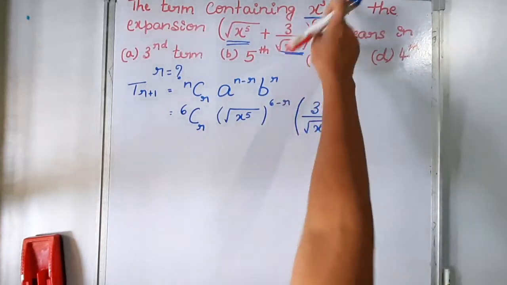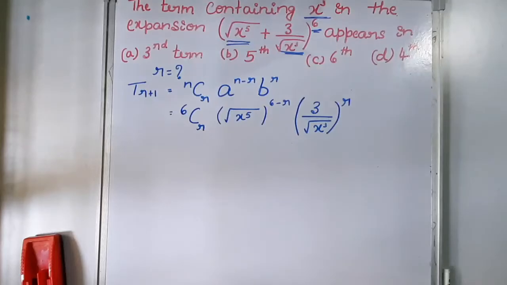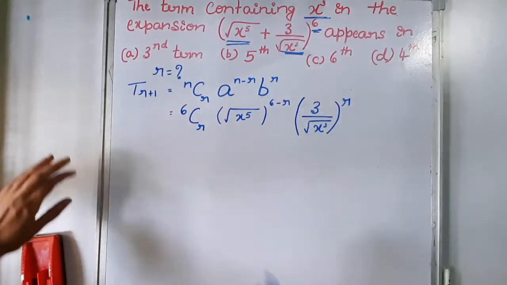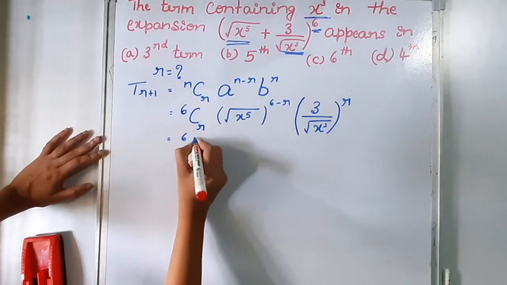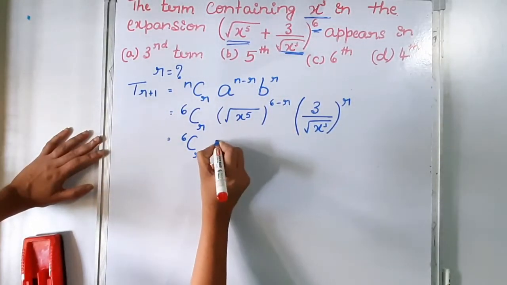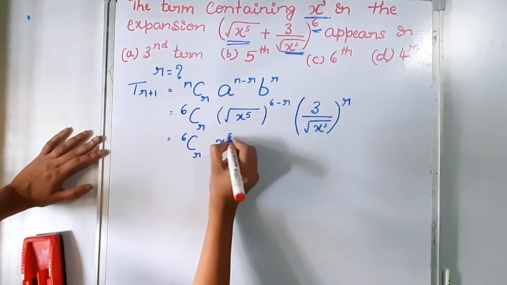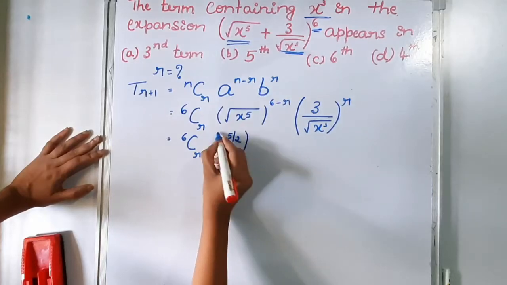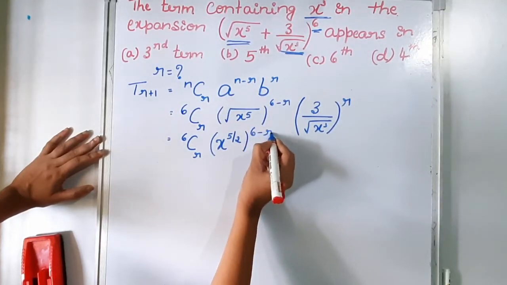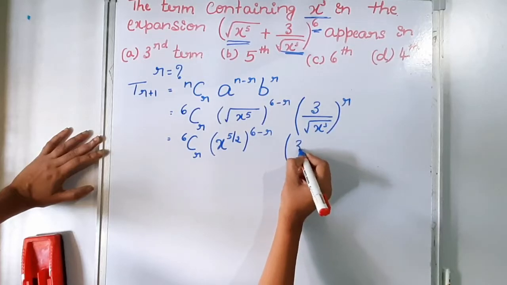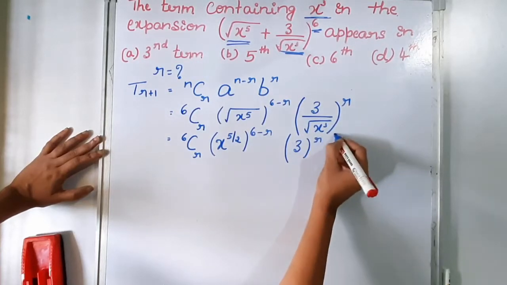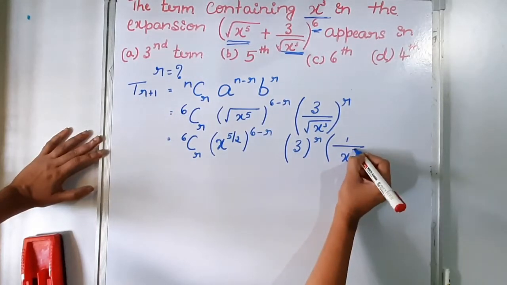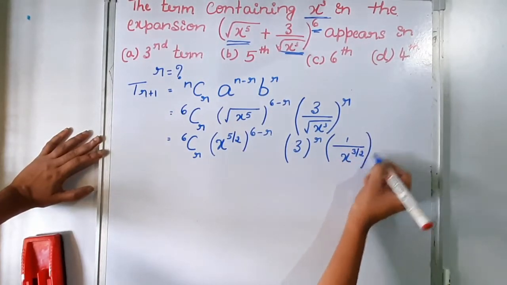Now we have to find the term x cube. For that we need to simplify this. See here, √x^5 is there and here √x^3 is there. So this is equal to 6Cr, and I can write √x^5 as x^(5/2), whole to the power 6-r, into 3^r, into 1 divided by √x^3, which can be written as (x^(3/2)) whole to the power r.